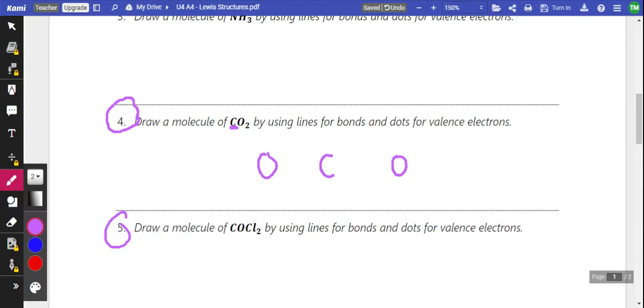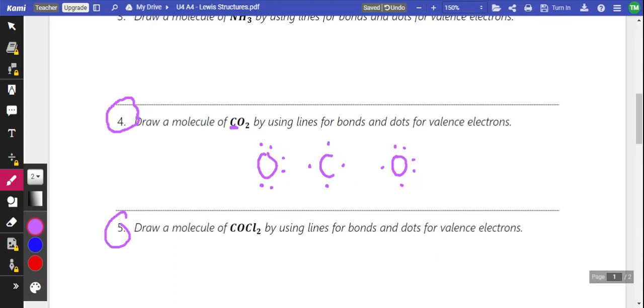I'm going to give them their respective number of valence electrons. 1, 2, 3, 4, 5, 6. 1, 2, 3, 4, 5, 6. Okay, and carbon's going to have 4 valence electrons. 1, 2, 3, 4. And I'm going to try and leave at least one that's already kind of lined up so that I don't have to clean up my structure too bad afterwards.